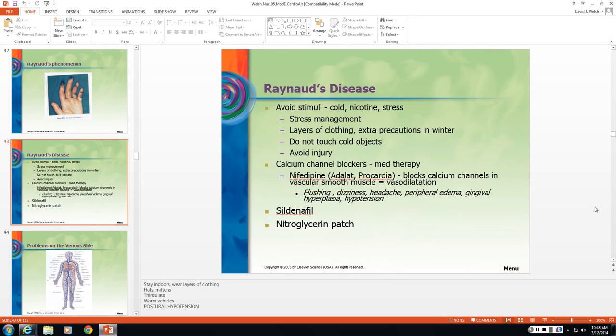You're also going to use calcium channel blockers as medication therapy, so Procardia, Adalat. This blocks calcium channels in the vascular smooth muscle and promotes vasodilation. Some things you need to look for with these medications are flushing, dizziness, headache, peripheral edema, gingival hyperplasia, and hypotension.